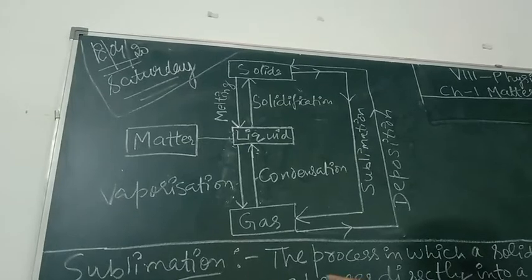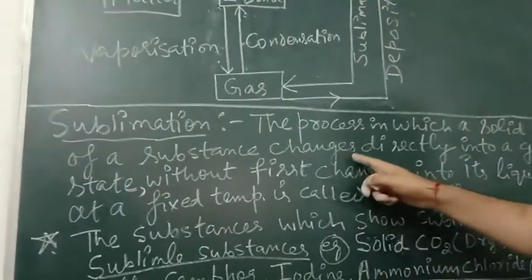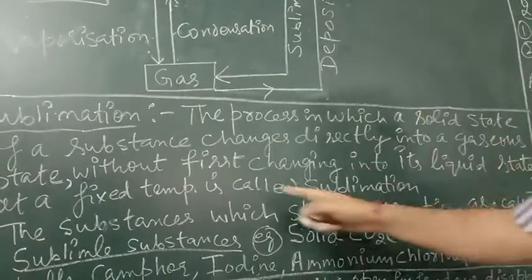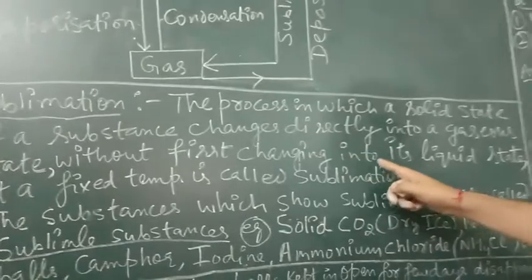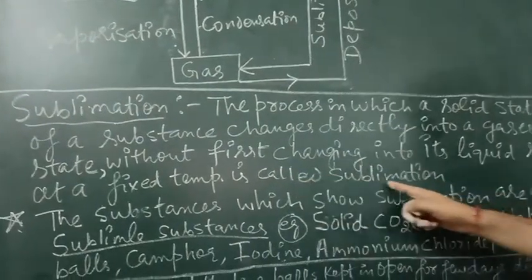I have written the process in which a solid state of a substance changes directly into a gaseous state without first changing into its liquid state at a fixed temperature is called sublimation.